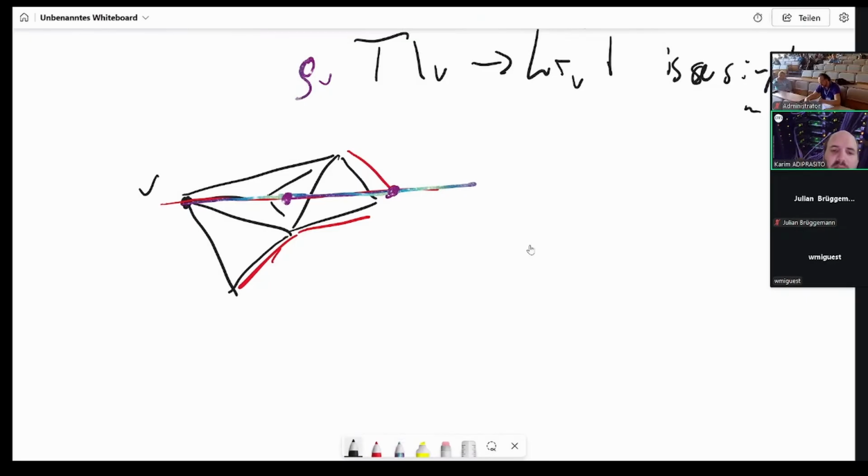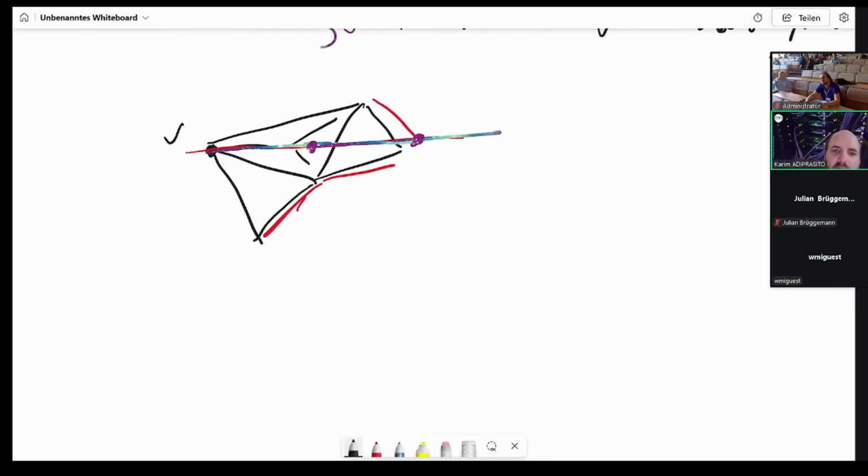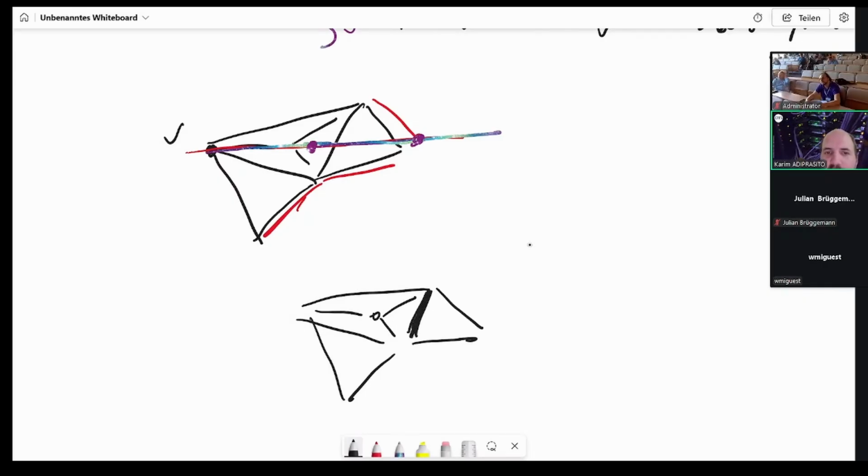Let me draw the example again, just to make it clear. If I look, for instance, at the radial projection of the center of this edge, it sends this edge to these two red points. So in particular, it sends one simplex to two simplices.